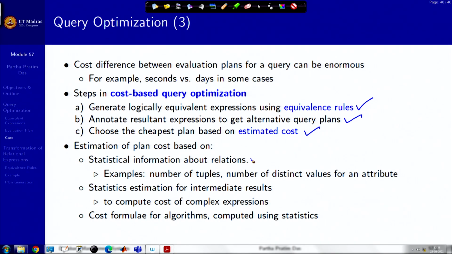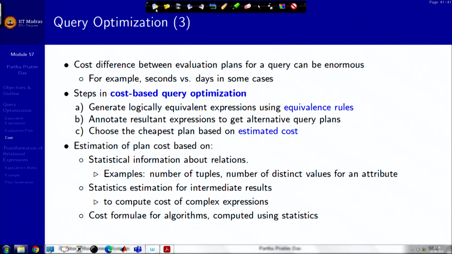Cost estimate could be statistical information about relations, it could be based on estimation of intermediate results, cost formulas for algorithms computed using statistics and so on. So, all these different kinds of statistical information will be used to tune your optimizer.